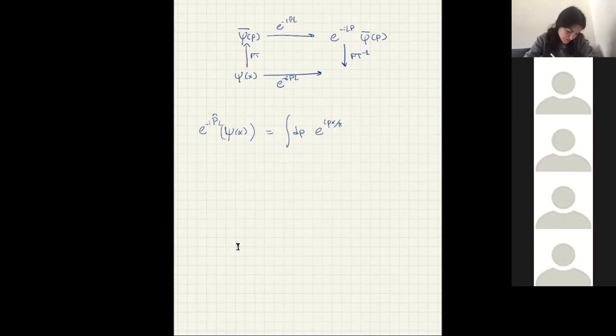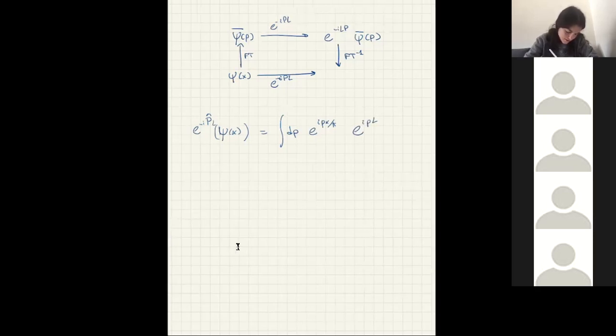And now we have here what we just got, so e to the minus i p L, this is the small p, and the initial wave function in the momentum basis, right?